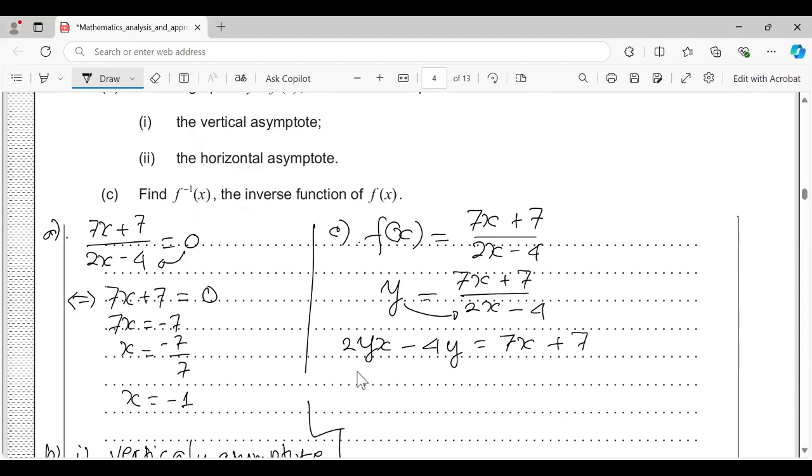And it's going to be 2yx - 7x equals 4y + 7. Factorize x: x multiplied by (2y - 7) equals 4y + 7.